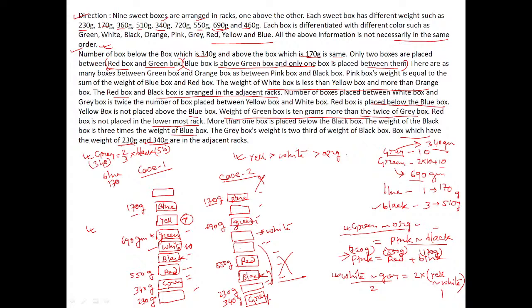So let's try to put it in the box here. Green and orange, if we put green 1, 2, orange is here, and pink and black is here 1, 2, pink, yeah, it's satisfied, perfectly matched, right? So pink is here, orange is here, and our color set is already settled.